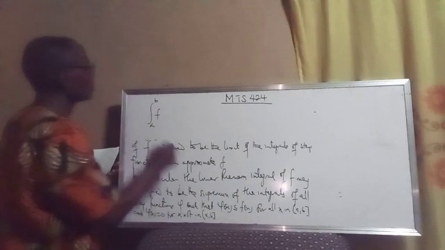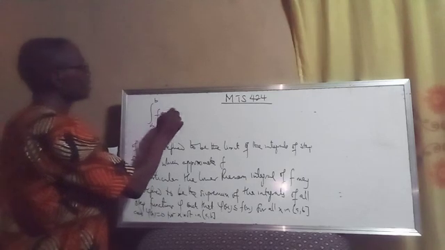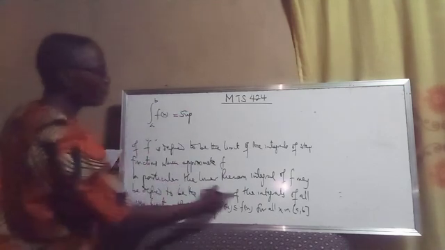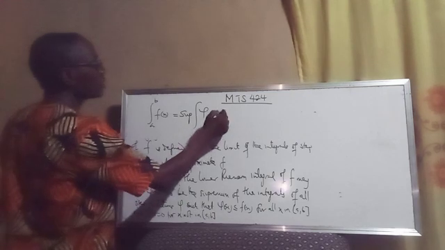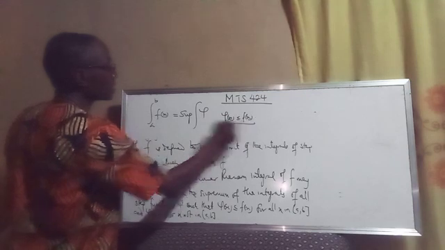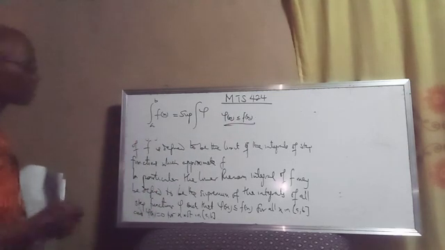In particular, the lower Riemann integral of f(x) may be defined to be the supremum of the integrals of all step functions such that the step function is bounded by f, because it has to approximate f, like we said in the previous statement.